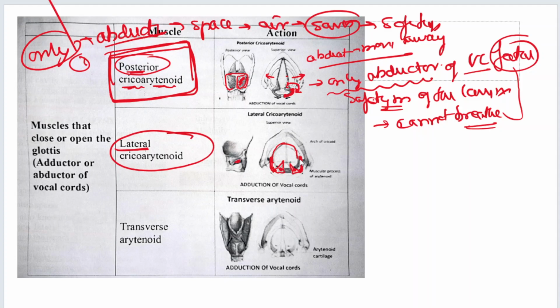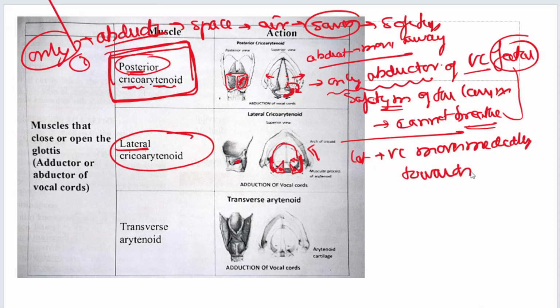So when this contracts, what happens? The vocal process of the arytenoid moves medially. So lateral cricoarytenoid, vocal process moves medially. Okay. When it moves medially towards the midline, medially means towards the midline, which means what happens?